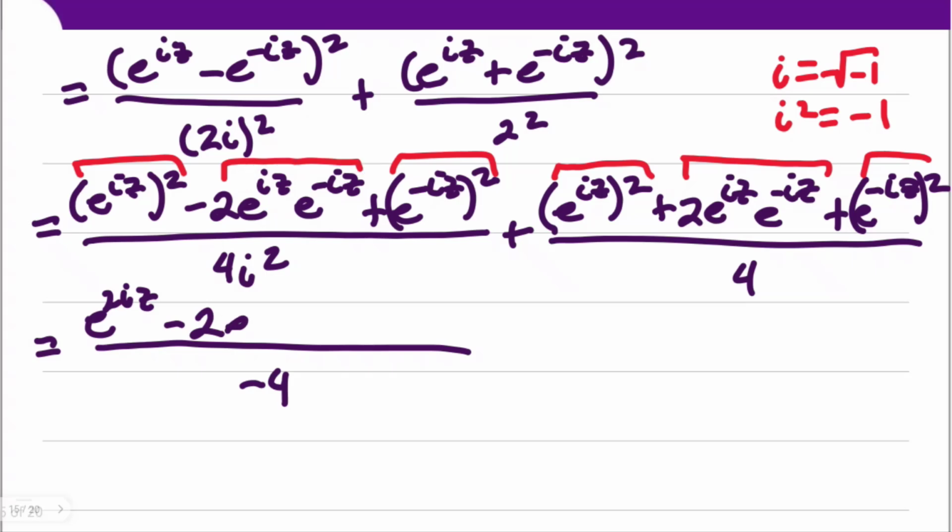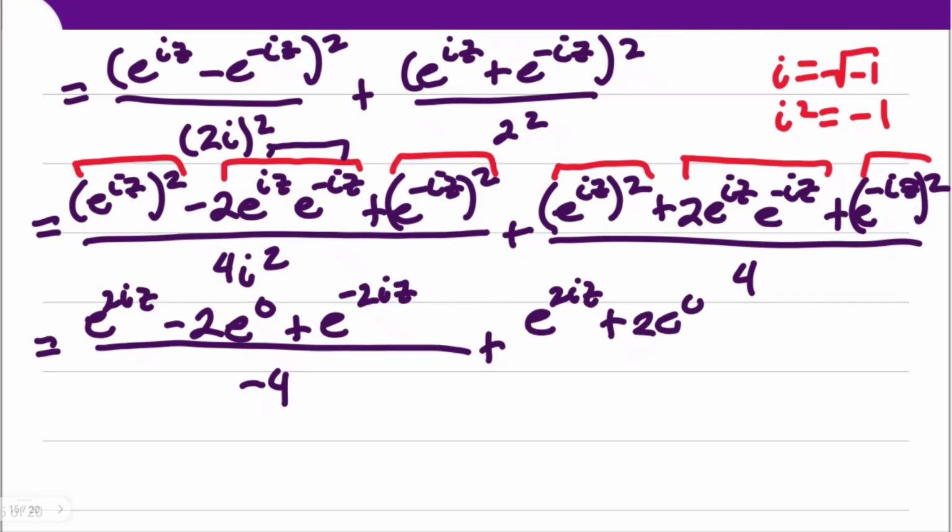You have e to the power of 0, because that's iz minus iz. And then for the last one, plus e to the power of negative 2iz. Then, similar here, plus e to the power of 2iz plus 2 e to the power of 0 again, because you're going to add exponents, plus e to the power of negative 2iz, all over 4 now.